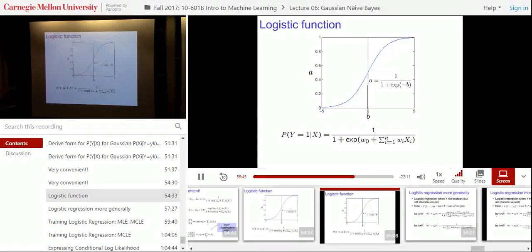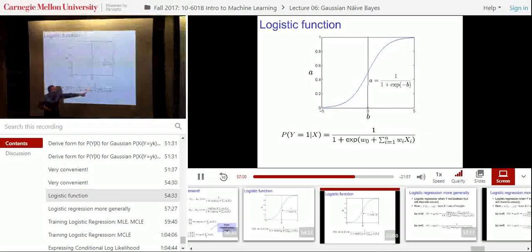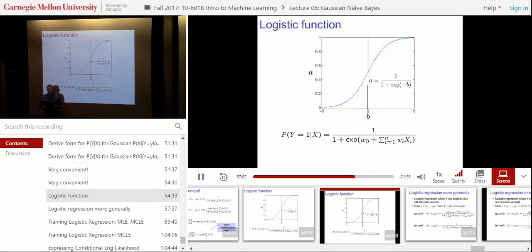The sigmoid function turns out to be at the heart of neural network algorithms, because many neural networks are built out of many different units, each of which has exactly this sigmoid of a linear function of x form.